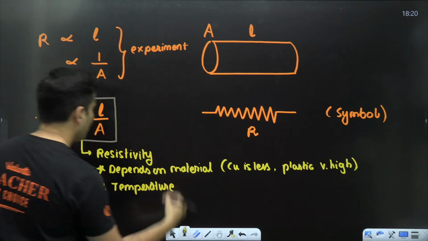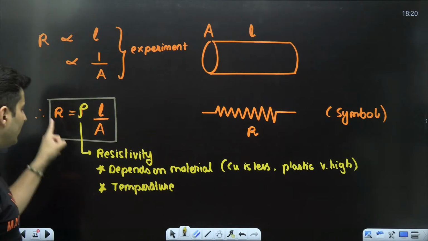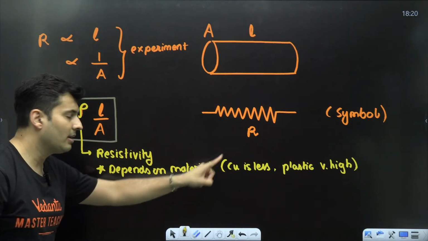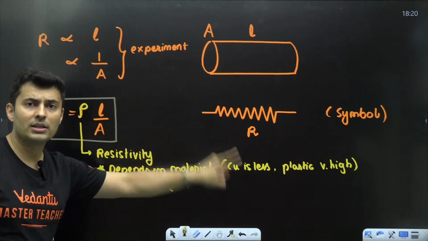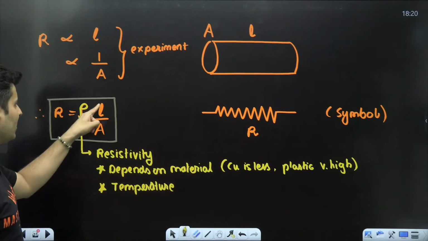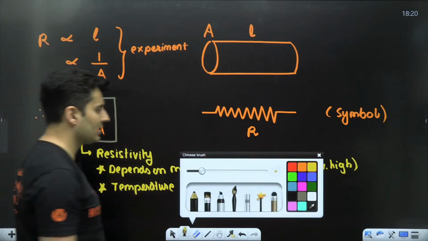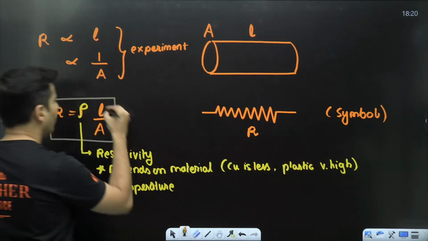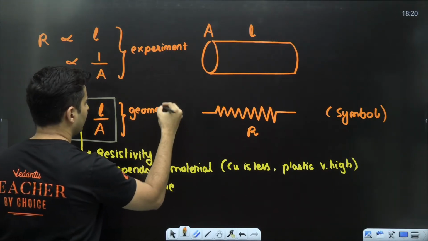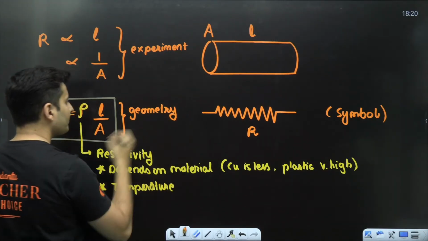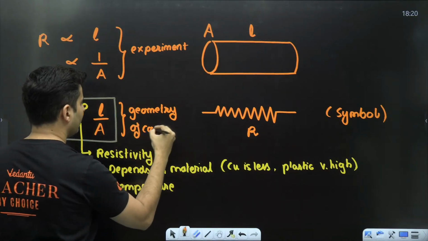So in all, resistance depends on the temperature, the material, whether it is copper, aluminum, silver, gold, plastics, silicon, germanium, etc. It also depends on the geometrical aspects. Like you can see over here, both these things are nothing but the geometry of the conductor.